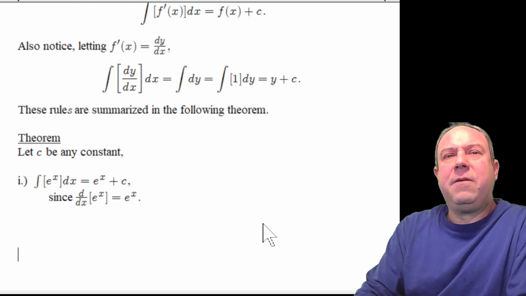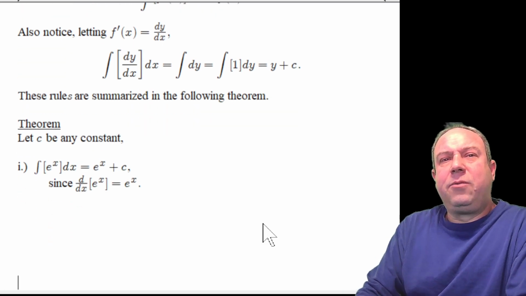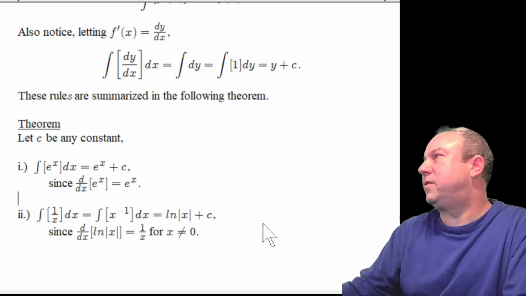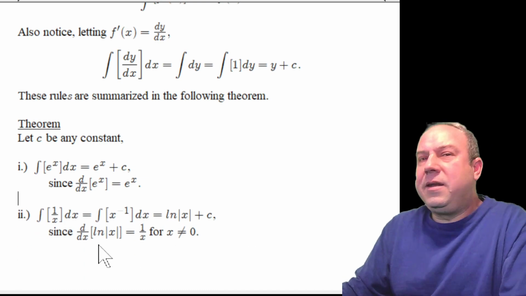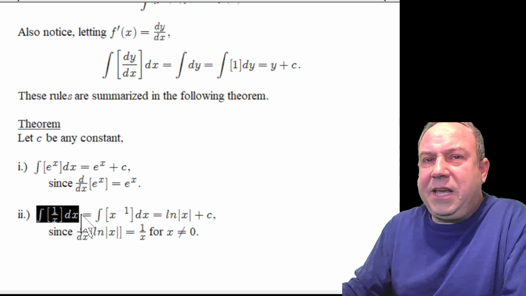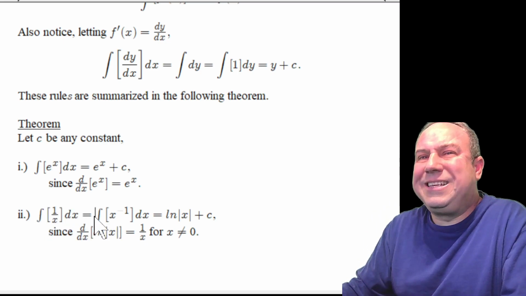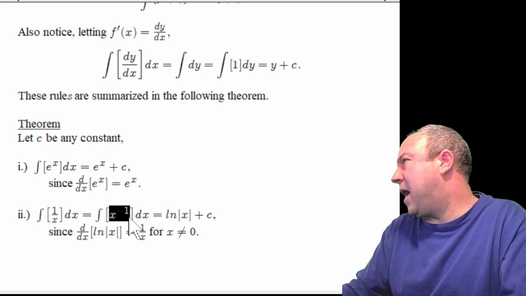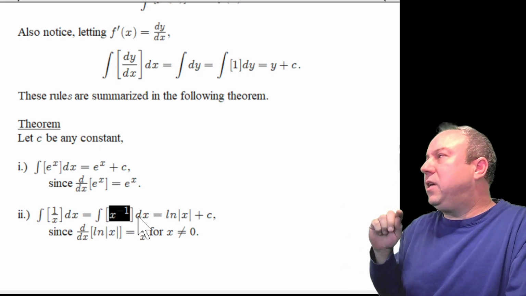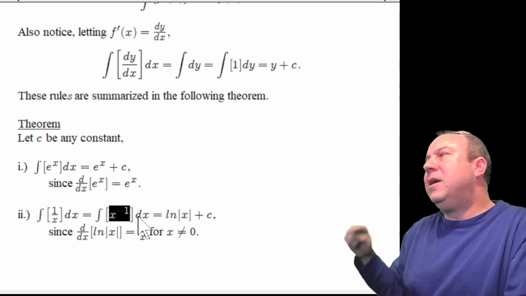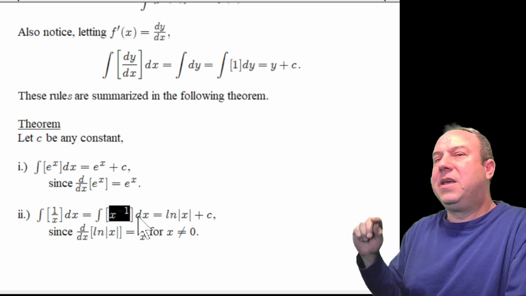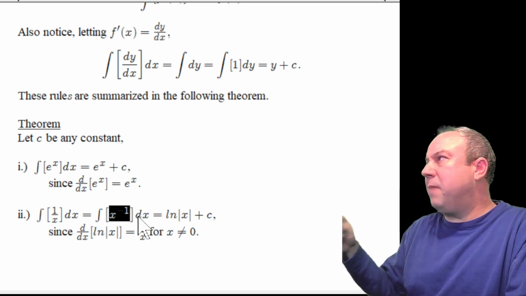If we look at the second, we have the antiderivative for the statement 1 over x. What you'll notice is the antiderivative for 1 over x is the case for the power of x raised to the negative first power. As we had noted, we cannot apply the power rule here because our power can't be negative 1.